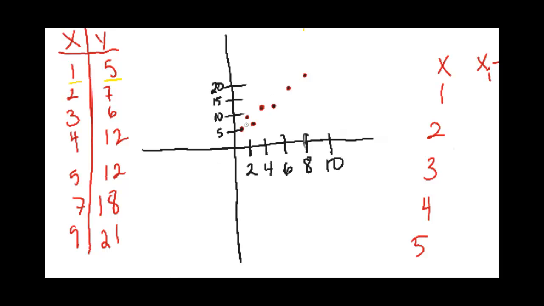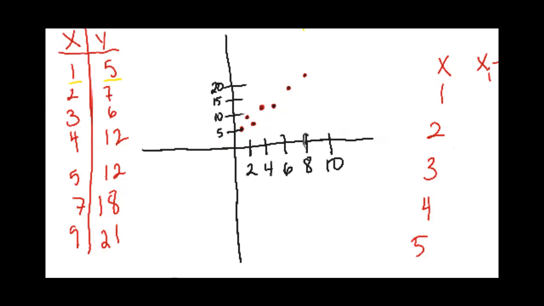So there should be a positive covariance because the trend is going up. Had it been a downhill trend, it would have been a negative covariance, but I expect a positive covariance for this.